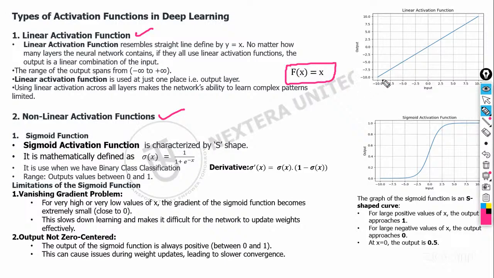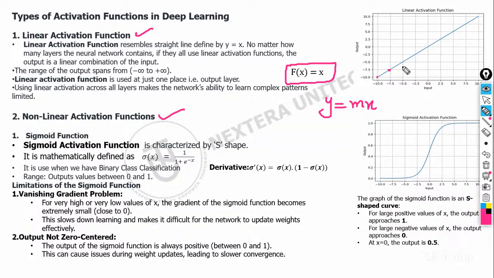So whatever value you pass for x will be given as output. If my input is minus 10, my output is also minus 10. If my input is minus 7.5, the output is also minus 7.5. So you see a straight line. Is it similar to y = mx? Yes, the same straight line.